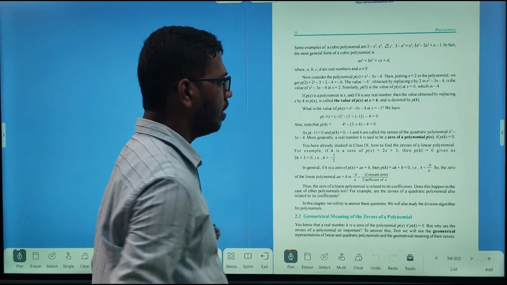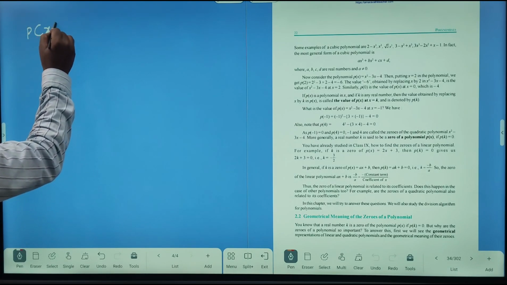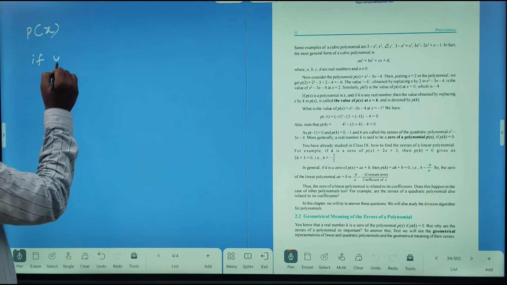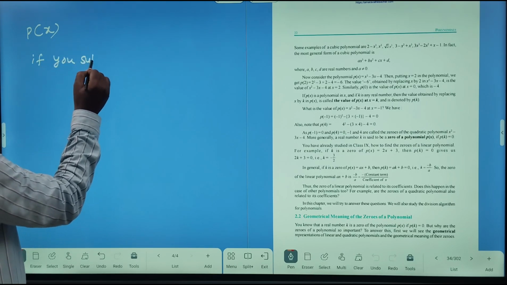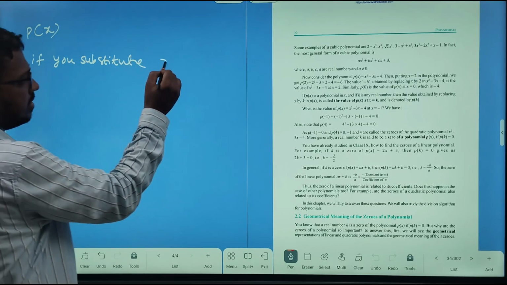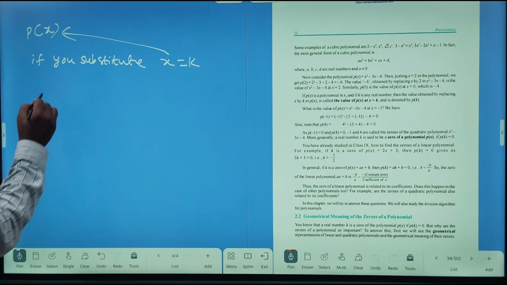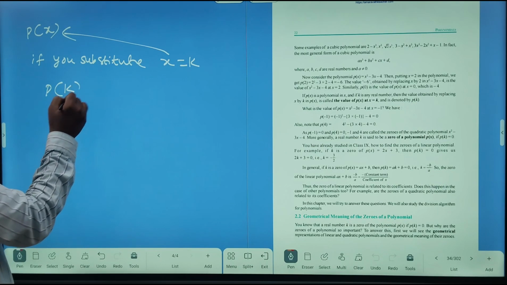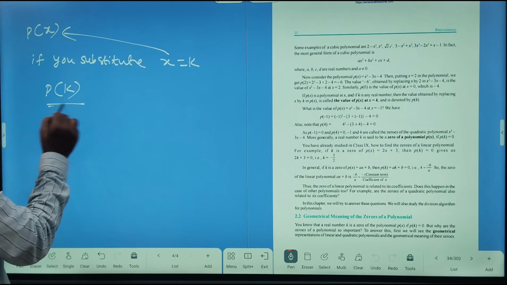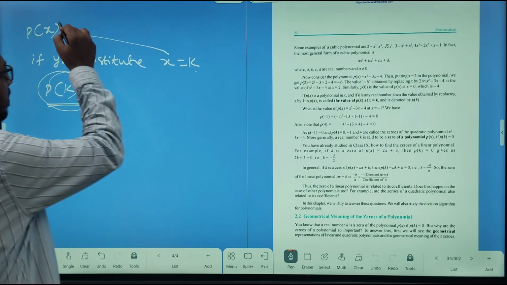Now, suppose p of x is a polynomial. If you substitute x is equal to k in this polynomial, then it becomes p of k. P of k is a constant, where k is a constant and p of x is a polynomial.